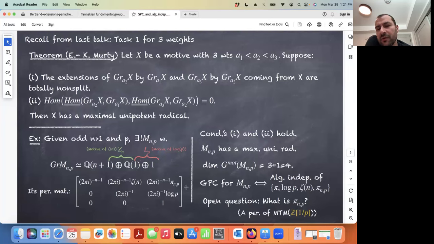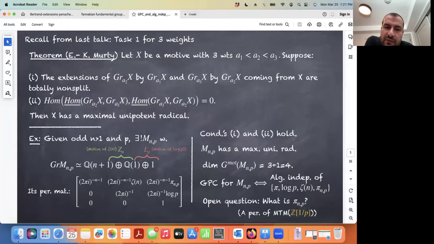Because you don't know a generator for this category. That's the problem. If you don't have any ramification, you know that the fundamental group of P1 minus 3 points generates it. But if your p is 2 or 3, it becomes a question about removing mu n, roots of unity.